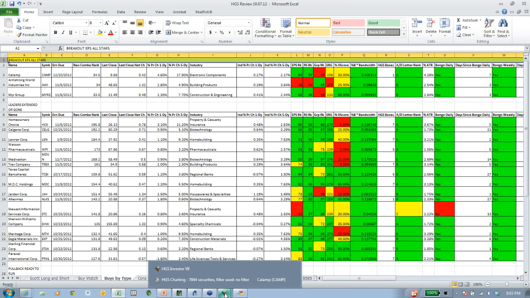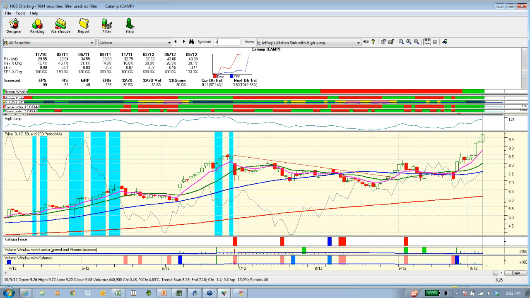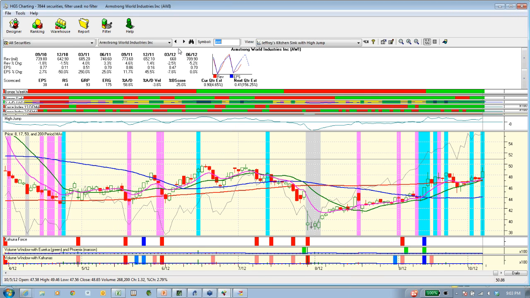Armstrong Worldwide, AWI, is another take on the housing recovery. I believe they do floors. AWI pulled up above the 200, held, pocket pivot off the 200, everything is green.